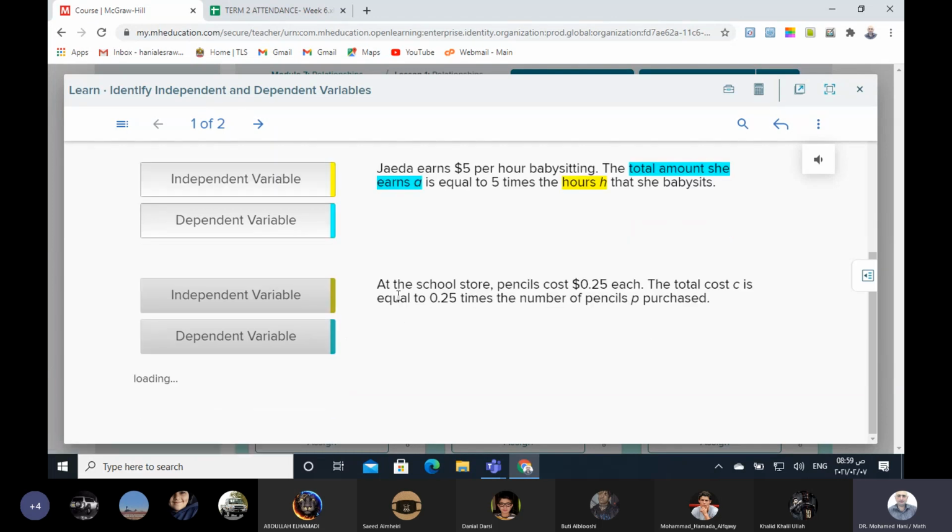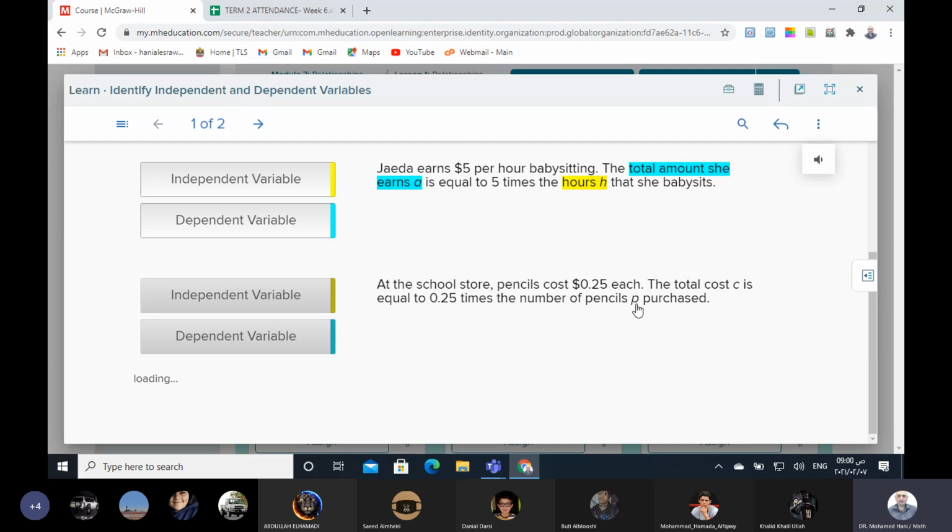The second idea here: at the school store, pencils cost $0.25 each. The total cost C is equal to 0.25 times the number of pencils B purchased. Here 0.25 times the number of pencils B is the rule, the relationship between the input and the output.